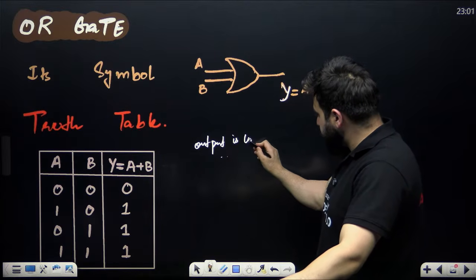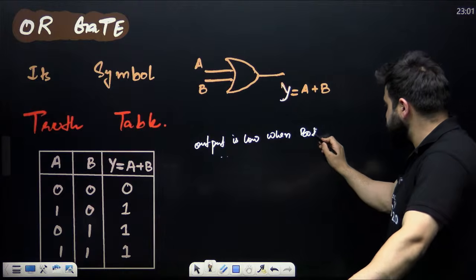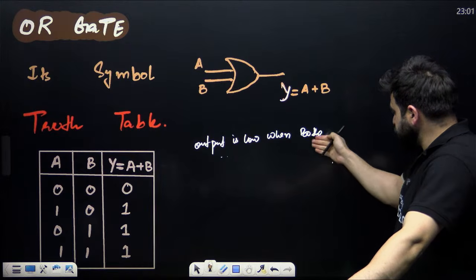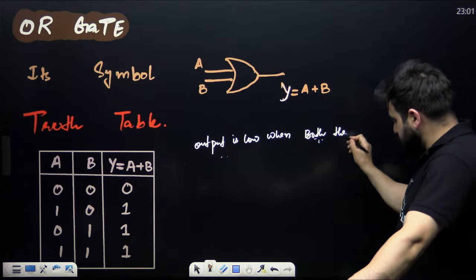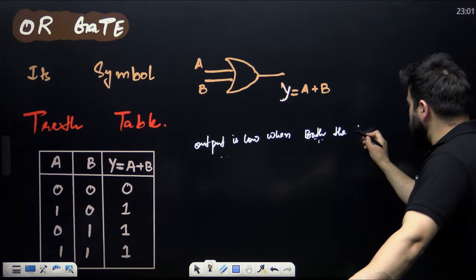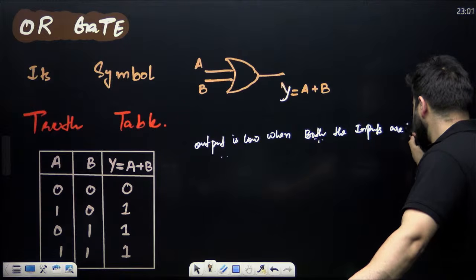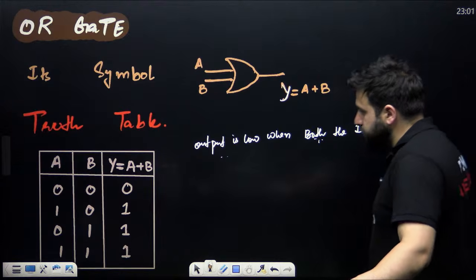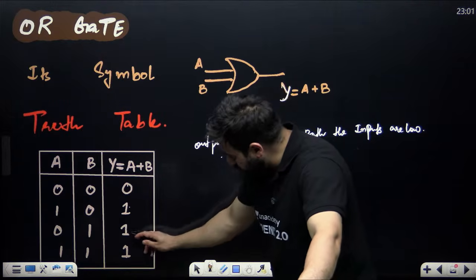Output is low when both the inputs are low. And output is high: 1, 1, 1.